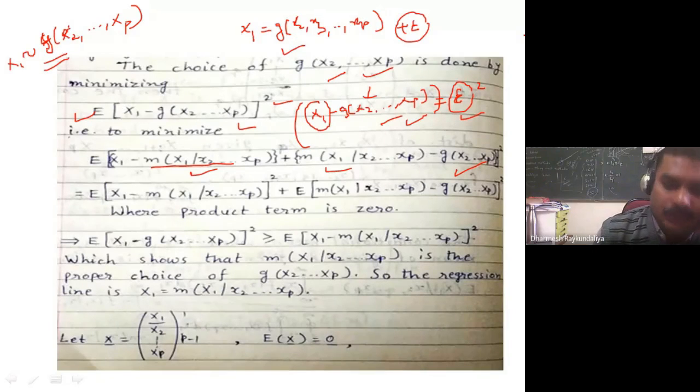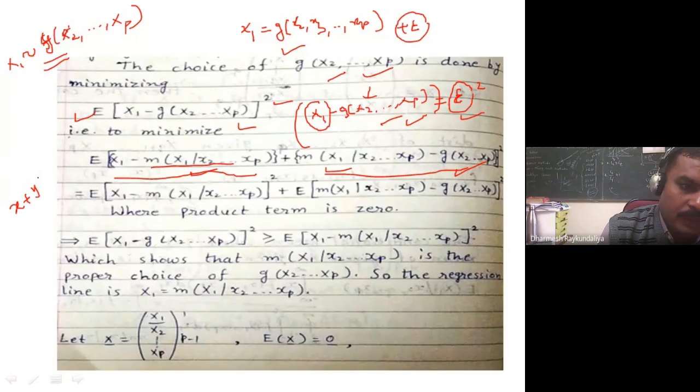Now this is one quantity and this is another quantity. So it is something like (x plus y) square. What is that? It is x square plus 2xy plus y square. Now what is x?